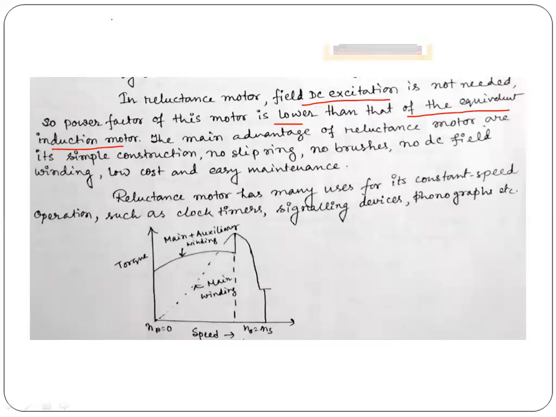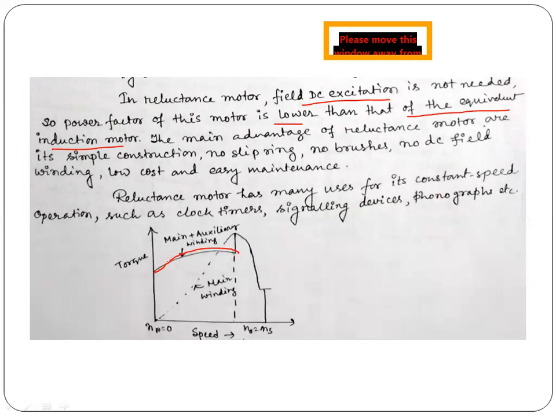This is the torque speed characteristics of the reluctance motor. We can see that in the first part of the torque speed characteristics, the motor is running with main winding plus auxiliary winding.